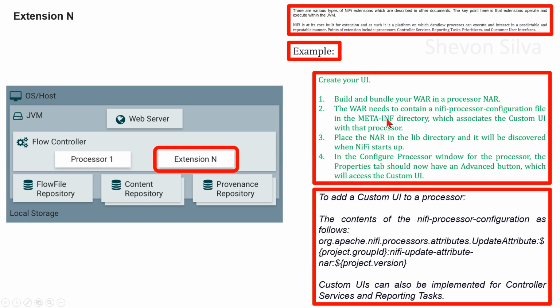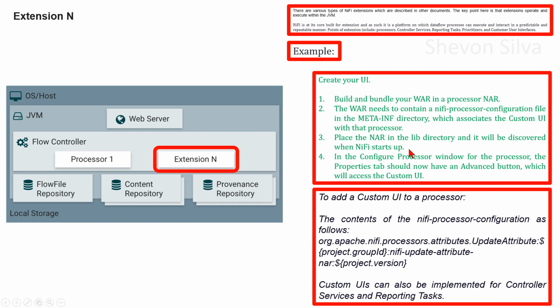As an example, we can consider this. Step 1, create your UI. Build and bundle your WAR in your processor NAR. Step 2, the WAR needs to contain a NiFi processor configuration file in the META-INF directory, which associates the custom UI with that processor.